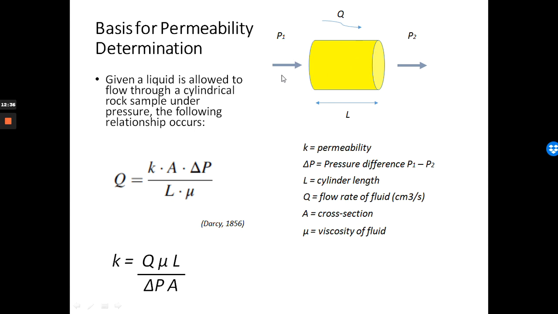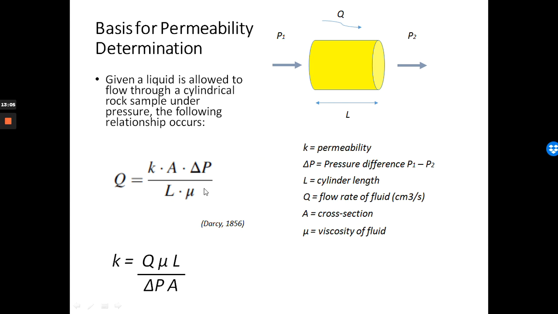Then you try to flow a liquid from one end to the other end. Then you use Darcy's equation to calculate permeability. So given a liquid is allowed to flow through a cylindrical rock sample under pressure, the following relationship occurs.